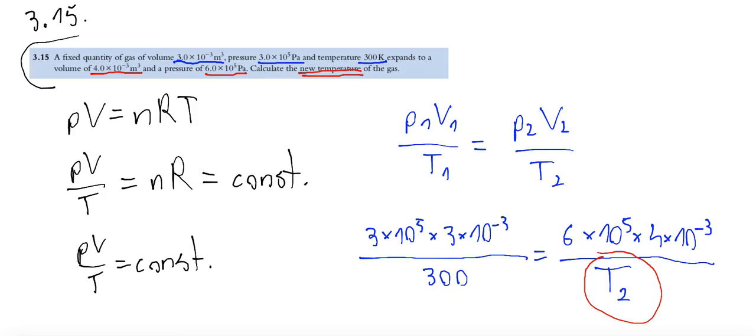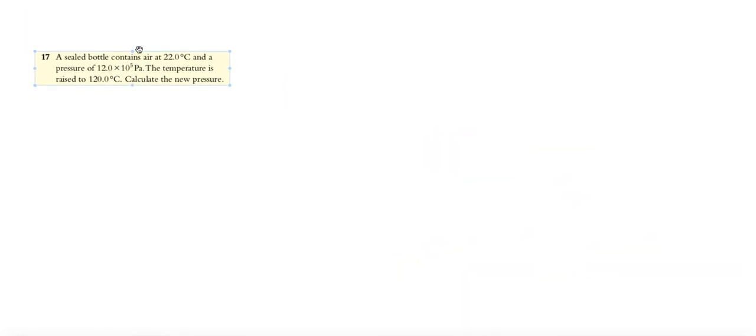Page number 140, exercise number 17. Okay. A bottle contains air at 22 degrees Celsius and a pressure of 12 times 10 to the power of 5 pascals. The temperature is raised to 120 degrees Celsius. Calculate the new pressure.